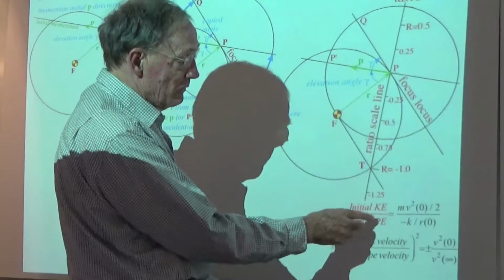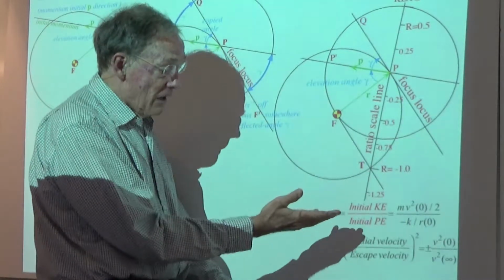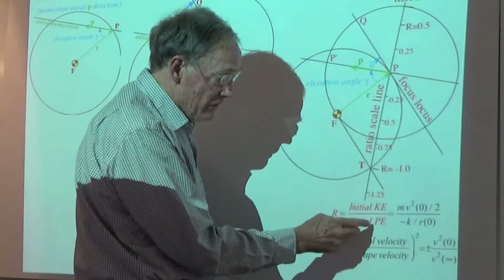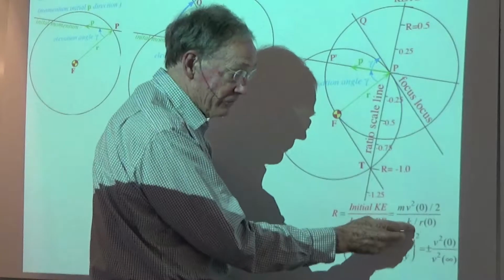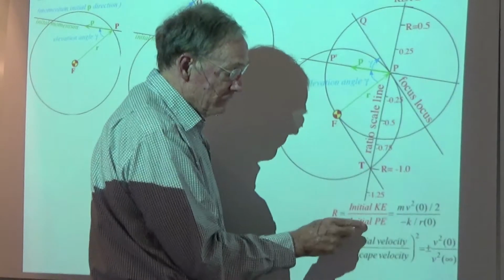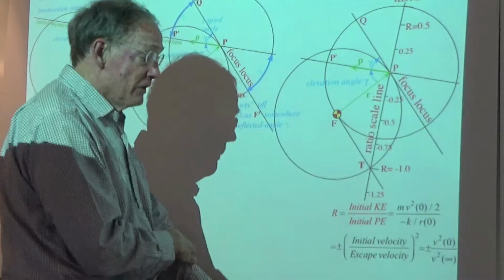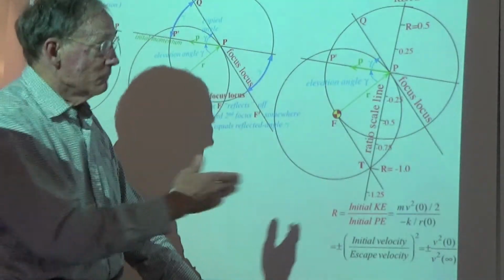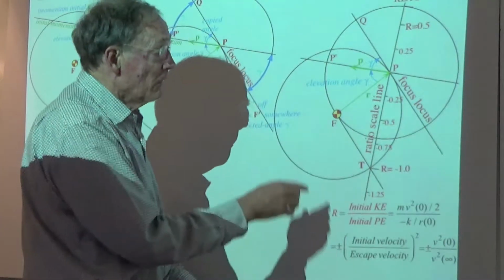So this ratio can be arbitrarily large, but if it's an attractive potential, it's going to be minus. This is positive definite, e squared, but this thing in the denominator is minus, so that is as far as you want to go.